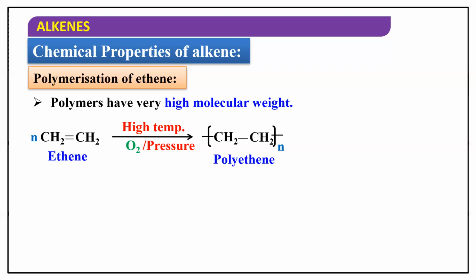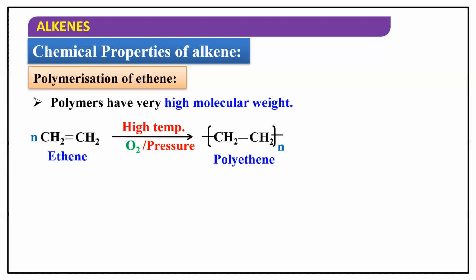This polymer is called polyethene. So you should be very, very familiar with this. Your polyethene covers, or nothing but your plastic covers, is actually polyethene. And in our regular language, polyethene has become polythene.